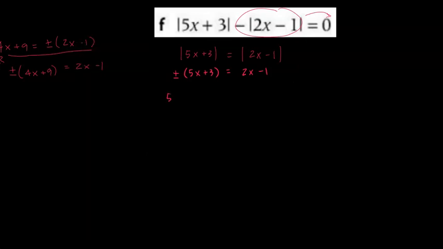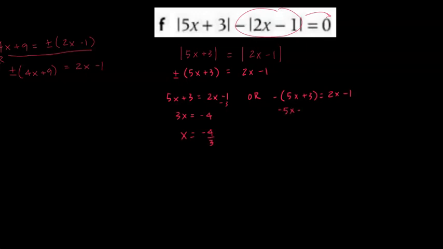So we have 5x plus 3 equals 2x minus 1, or negative times x plus 3 equals 2x minus 1. So we have 3x equals negative 4. X equals negative 4 over 3.